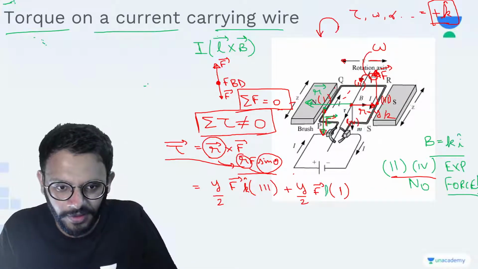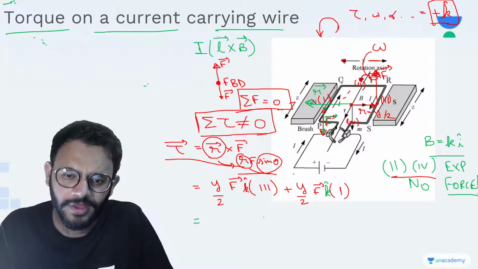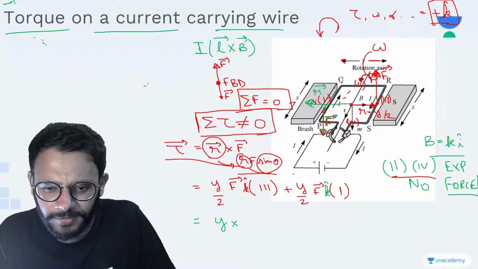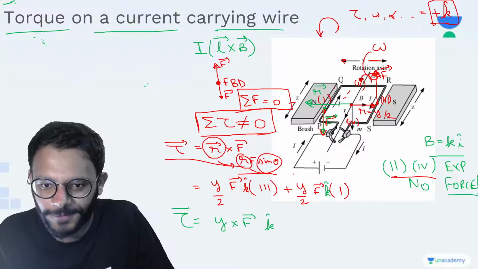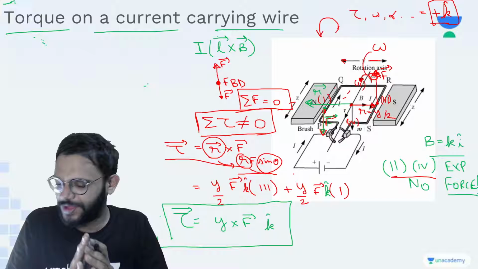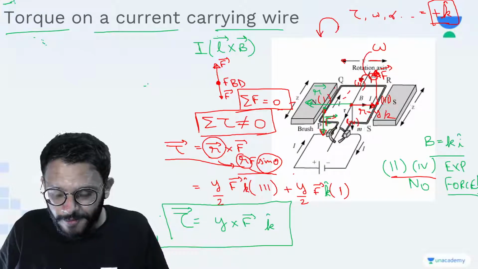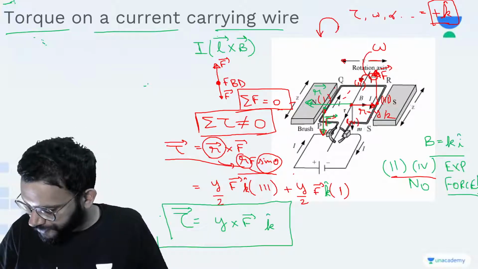K cap. Both are in k cap, so y by 2 into F plus y by 2 into F. So my net force is going to be y times F in the k cap. Sorry, my net torque as given in the vector form is y into F k cap. I hope you all are well versed with what torque is and how to apply torque.